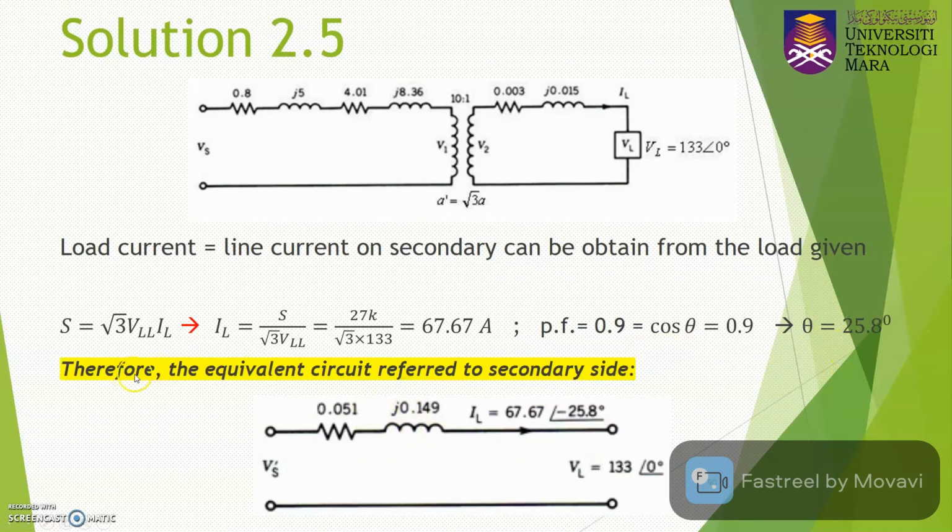Therefore the equivalent circuit referred to the secondary side is given by this. The V supply is referred to the secondary side, so that's why you have Vs prime. This is the equivalent impedance referred to the secondary side, this is your IL, and this is your VL. Here your IL is given by 67.67 angle negative 25.8. Why negative? Because the power factor is lagging.